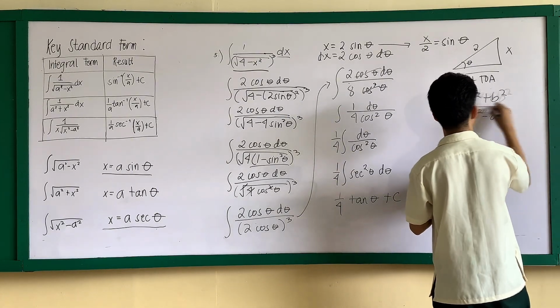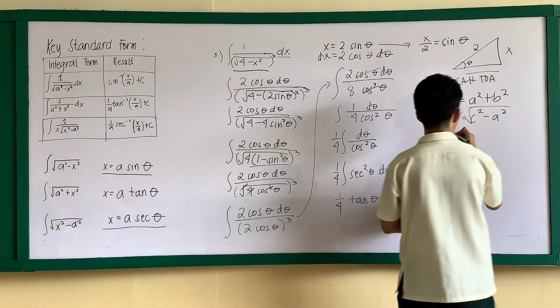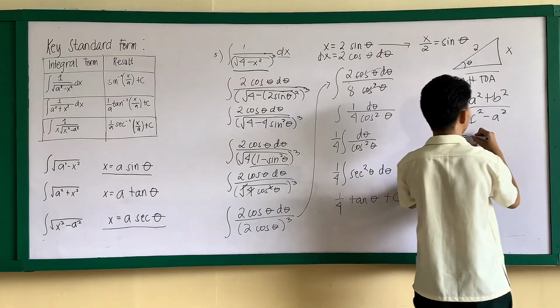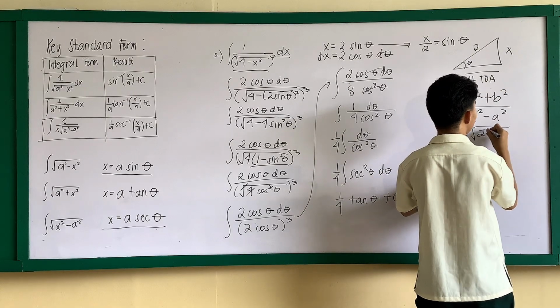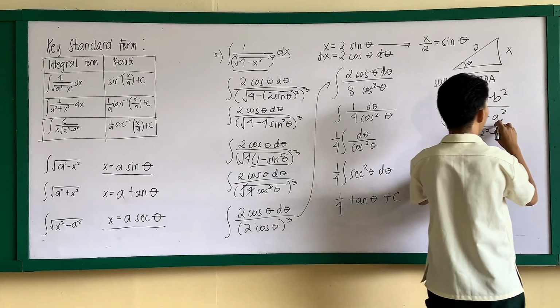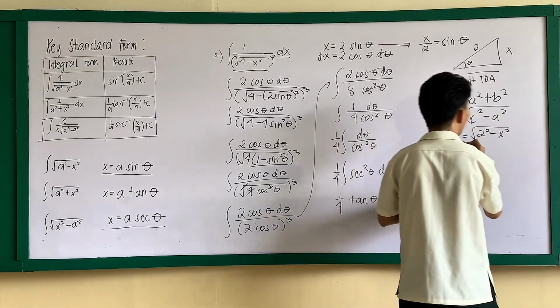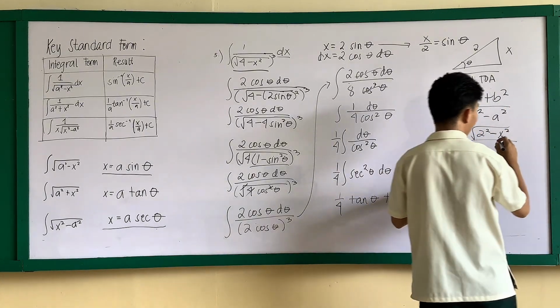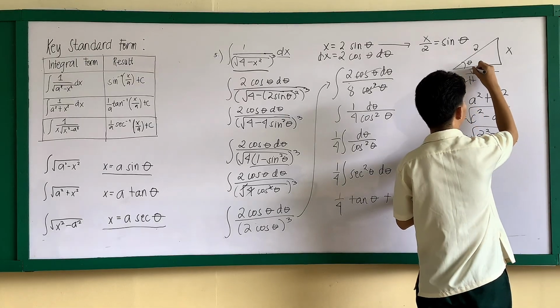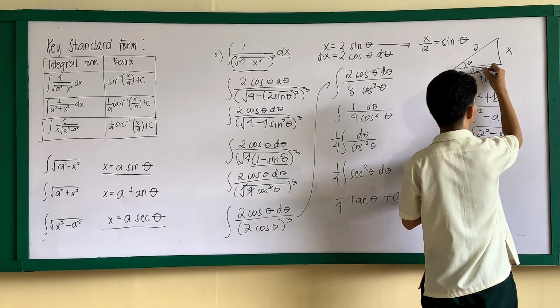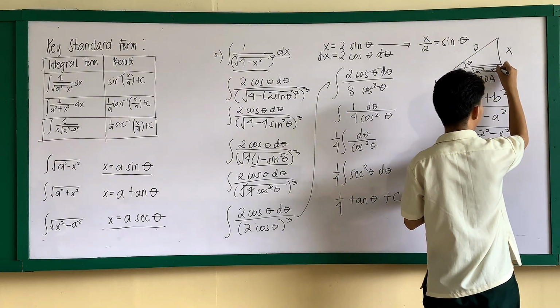So b, the adjacent, is the hypotenuse 2 squared minus the opposite x squared, so the adjacent is the square root of 2 squared minus x squared.